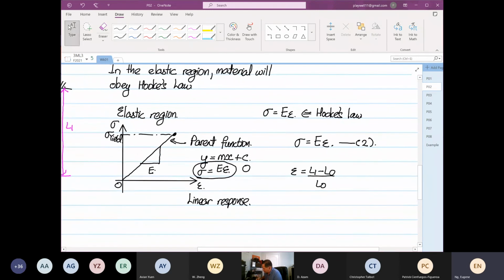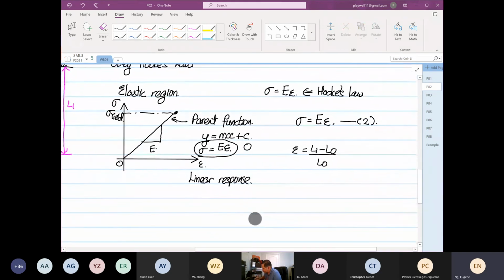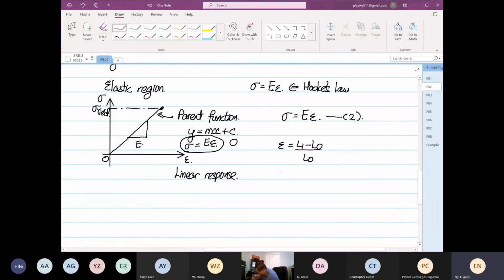So if we go back to our diagram, L1 minus L naught is equal to delta L. And this can also be equal to our deflection. So if I come back to this equation, epsilon is equal to deflection divided by L naught. So this is equation number 3.